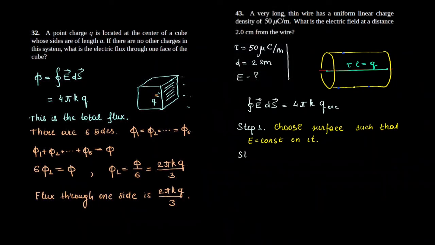Step 2, calculate the total flux. There are 3 sides. Okay, let's call this side 1. And there is also a surface which is side 2. Let's call it side 2.